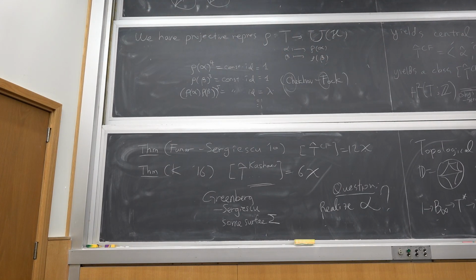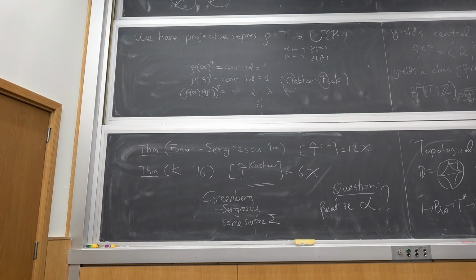Greenberg, Sergiescu, some surface has some genus. That infinite type surface is of genus 0, with a lot of punctures. Yes, infinitely many punctures.